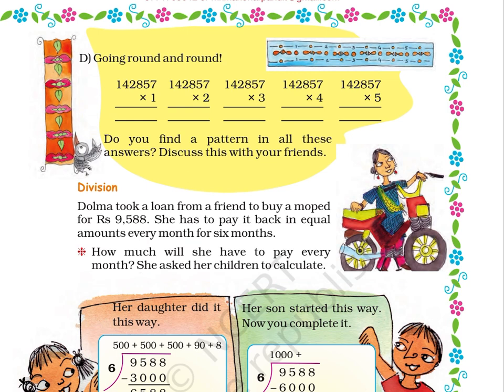Do you find a pattern in all these answers? Discuss this with your friends.